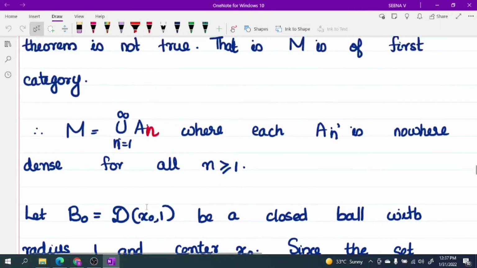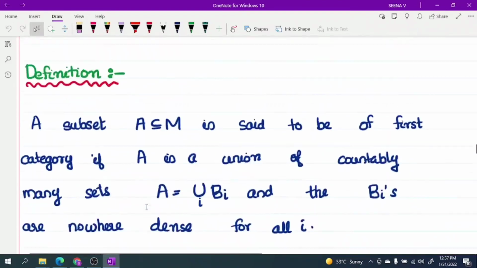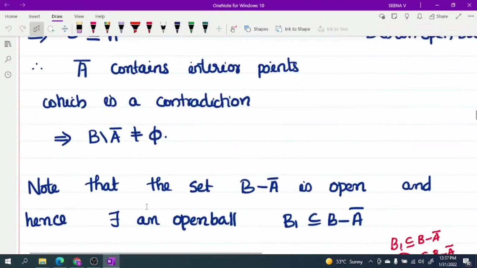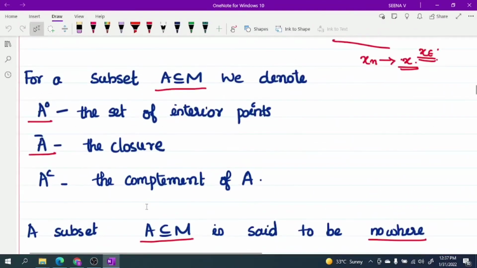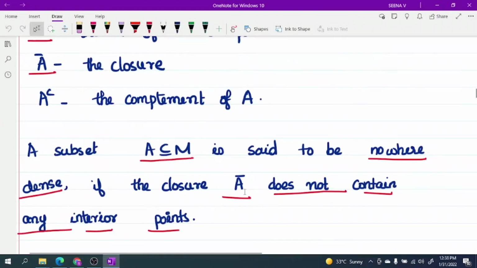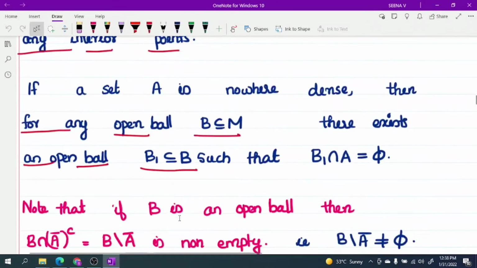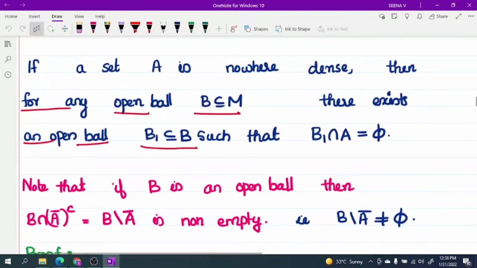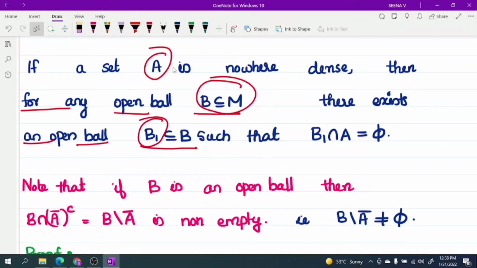What is the meaning of a nowhere dense set? Once again, I am going to the definition. A set A is said to be nowhere dense if its closure does not contain any interior points. Also, we have this result. If A is nowhere dense, then for any open ball B contained in M, there exists an open ball B1 such that B1 is contained in B and B1 intersection A is equal to empty.